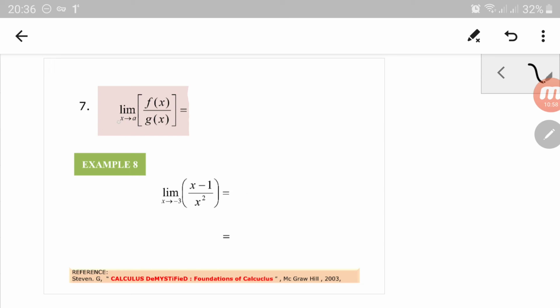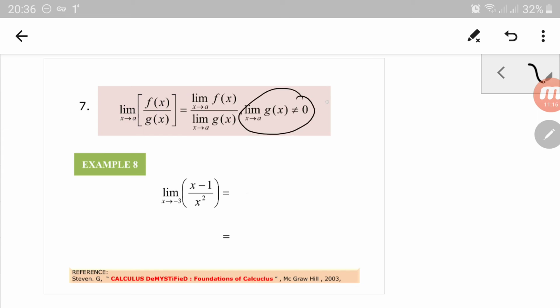If we have a limit of a fraction like this, we can find the limit of the numerator first, then the denominator, and then divide them. That is why we get something like this. Don't worry much about this; it is just some restriction, it doesn't really matter.